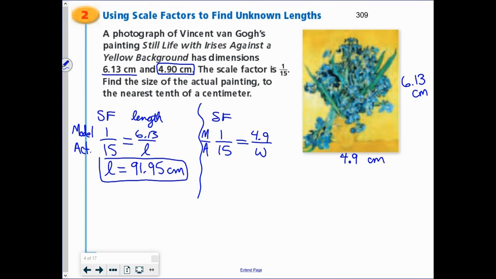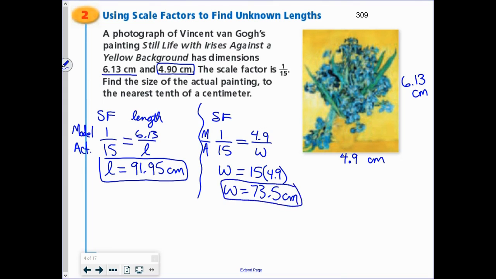And just like before, I'm going to cross multiply that. 1 times W is just W. And then we get 15 times 4.9. And I multiply my 15 times 4.9, and that equals 73.5 centimeters.